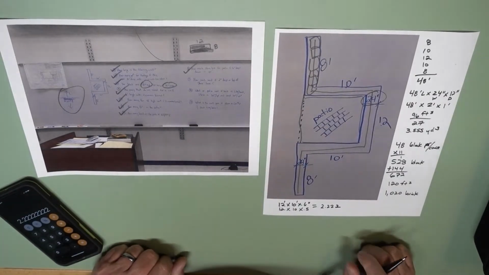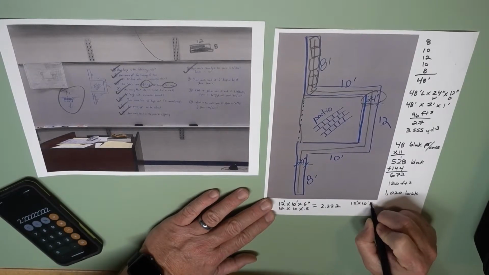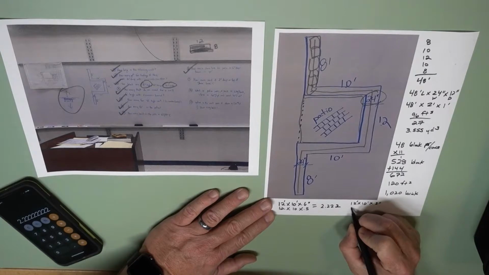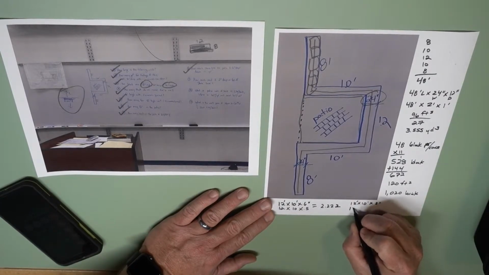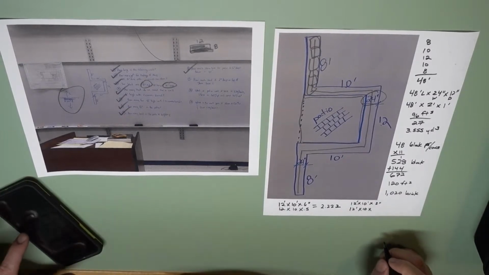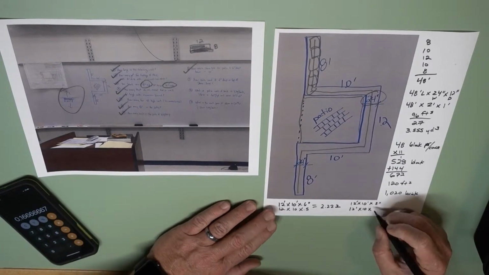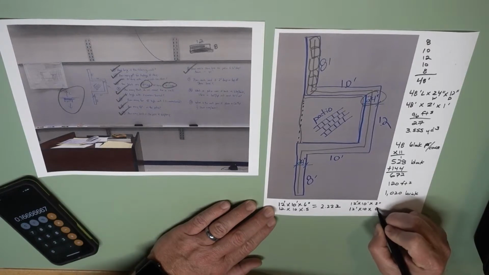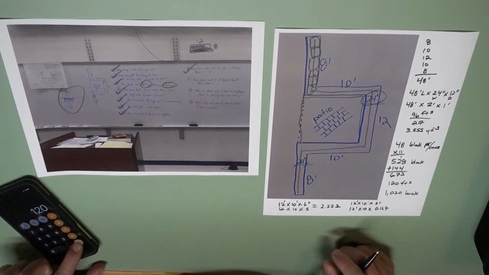How much sand if we go 2 inches? Well, 12 times 10 times 2 inches. So we know 12 feet times 10 feet, 2 inches, 2 divided by 12, 0.167 times 120.